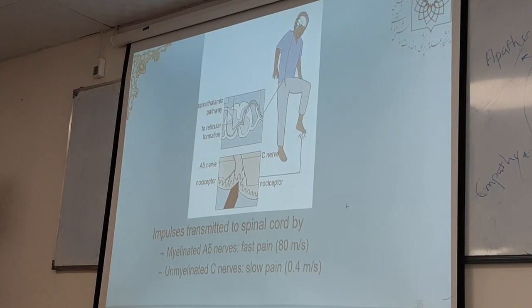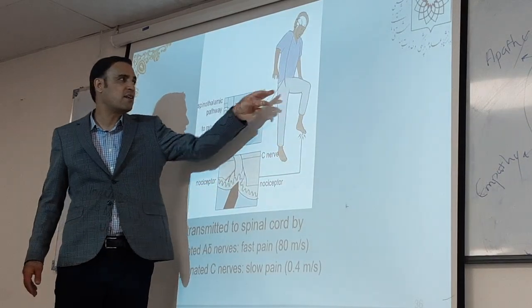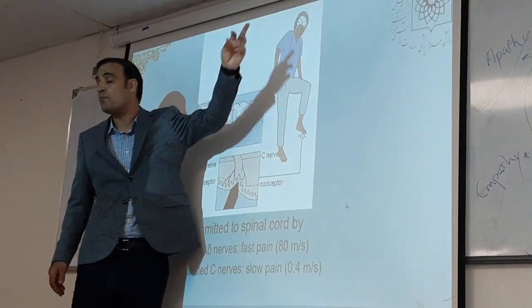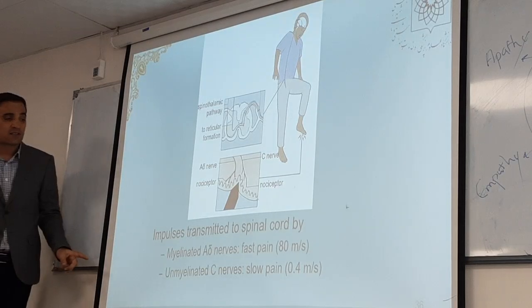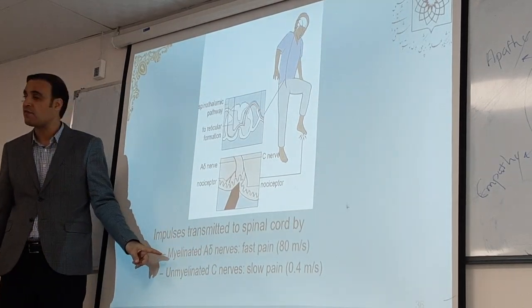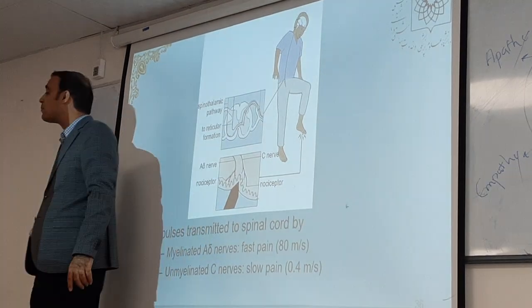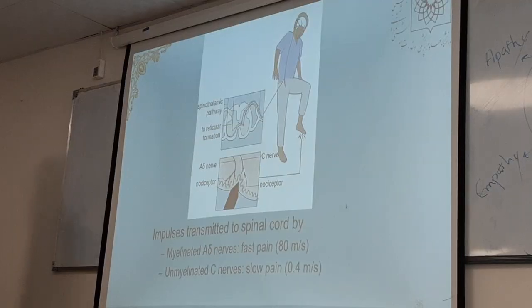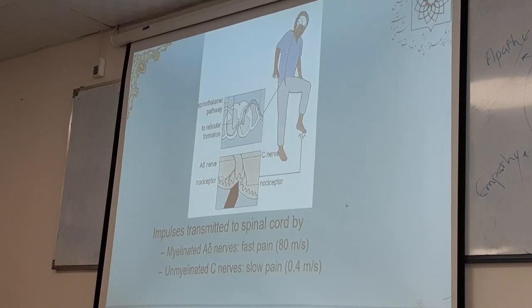This is showing the situation that I told you. Both fibers are activated and send signals to the spinal cord and into the brain, and this shows the speed of the nerve fibers. The A delta has 80 meters per second, but the unmyelinated nerve fiber of slow pain is less than half a meter per second.